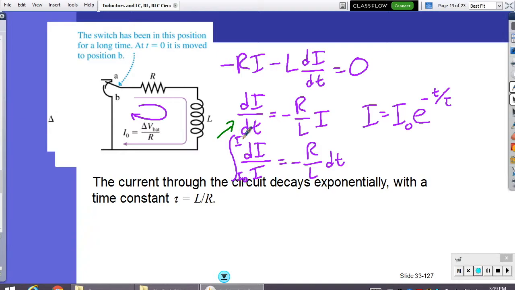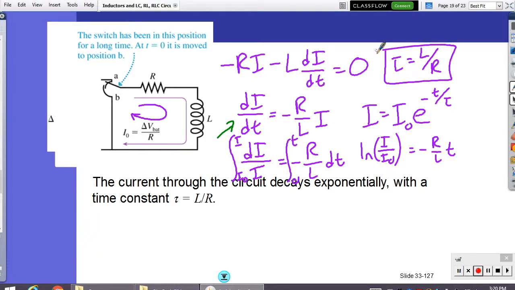And we're going to integrate this from time 0 to time t. So on the left side, we're going to get ln of I over I0 equals negative R over L t. And when we do e to that, we end up with something like this. And our tau in this case is given to us by L over R.